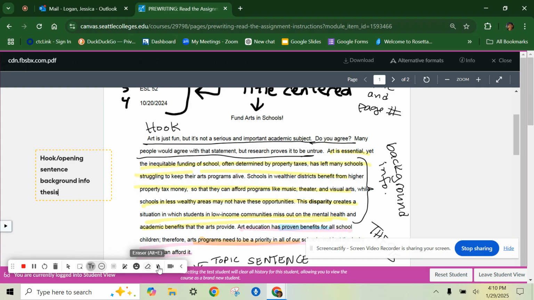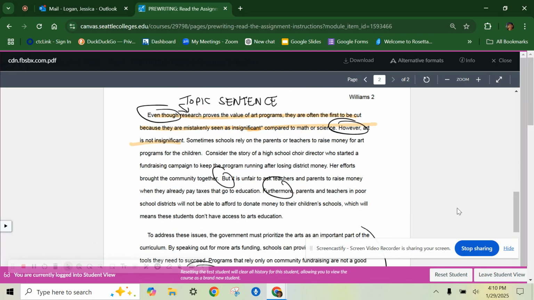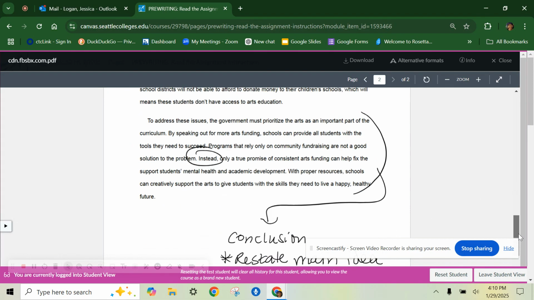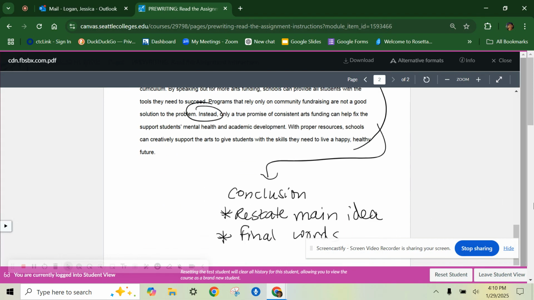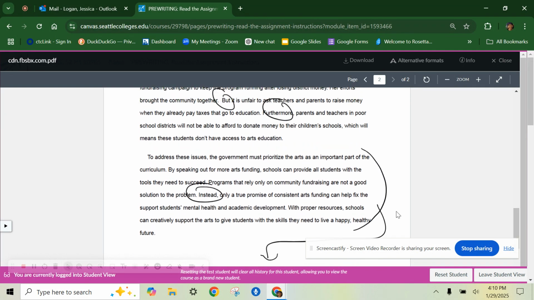In the conclusion, you will restate your main idea, and then you will have some closing words, maybe a prediction for the future or a thought as to why this is important to you.